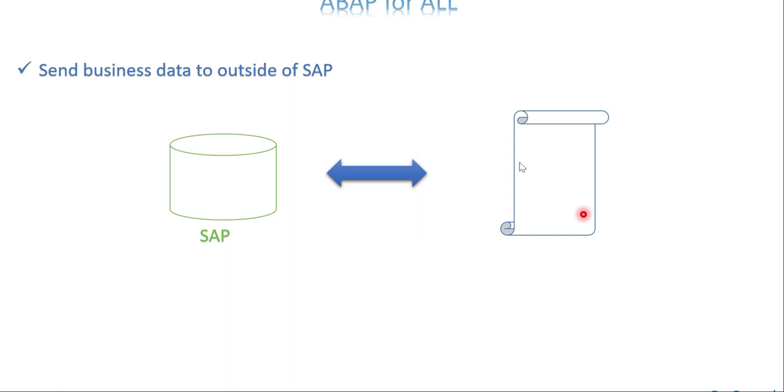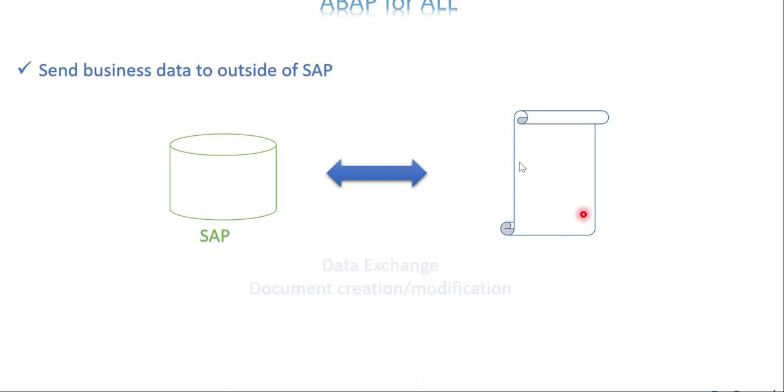So receive all the relevant details from the non-SAP system, create a purchase order in SAP, and send the purchase order number to your non-SAP system. This is a very simple scenario. It could be SAP to SAP or non-SAP to SAP, whatever it is. There is an option to send information outside of your SAP network.